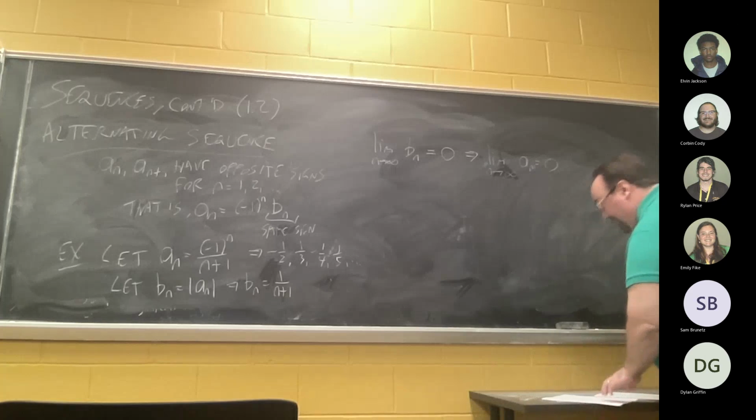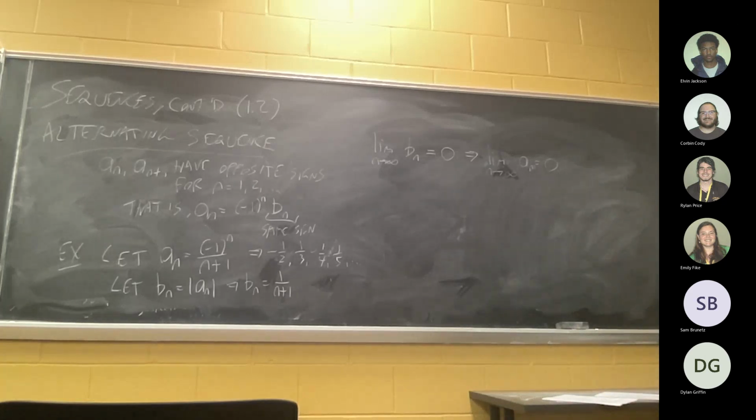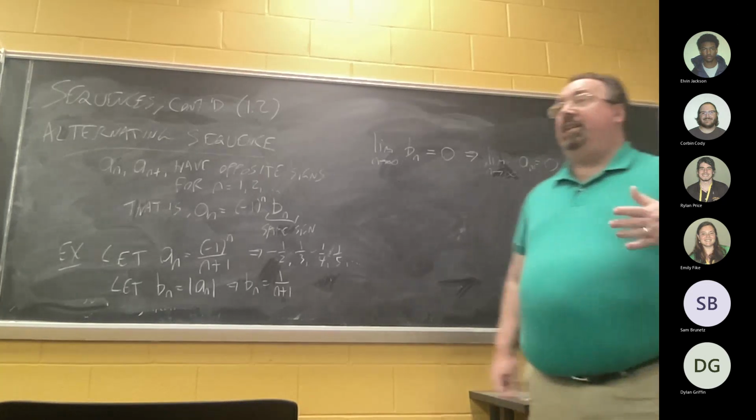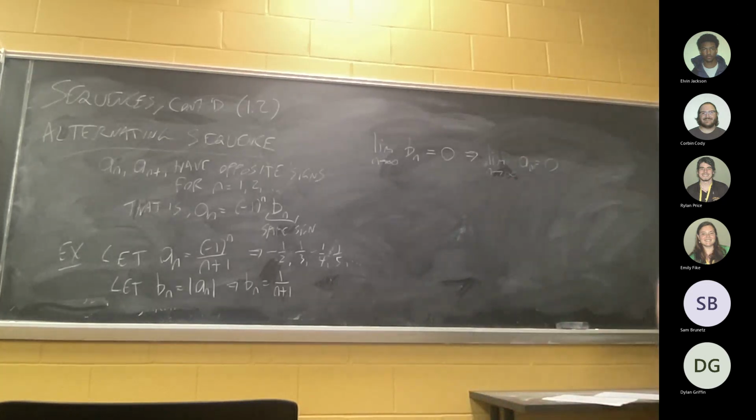So in general, if we have an alternating sequence, but you look at just the magnitudes, if the magnitudes are going to 0, then the original alternating sequence is also going to 0.